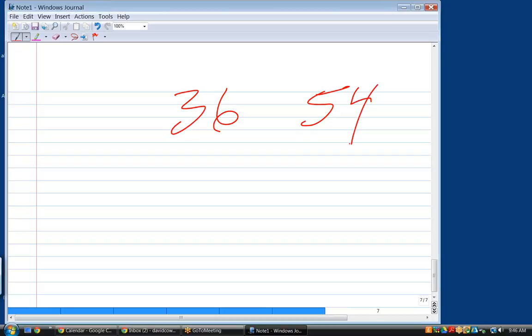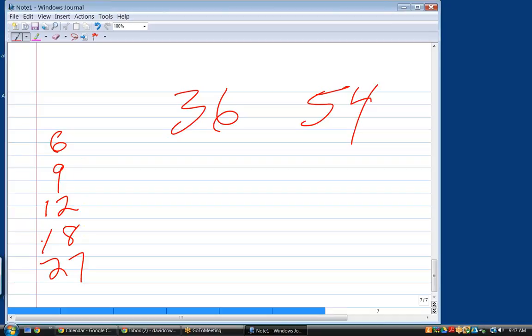What's the greatest integer that divides evenly into both of those? And here's your choices. This is 6, a multiple. No. 9. Okay. What's the greatest one that divides into both of them evenly? In other words, I'm pulling this from a multiple choice test, and here's your choices over there.